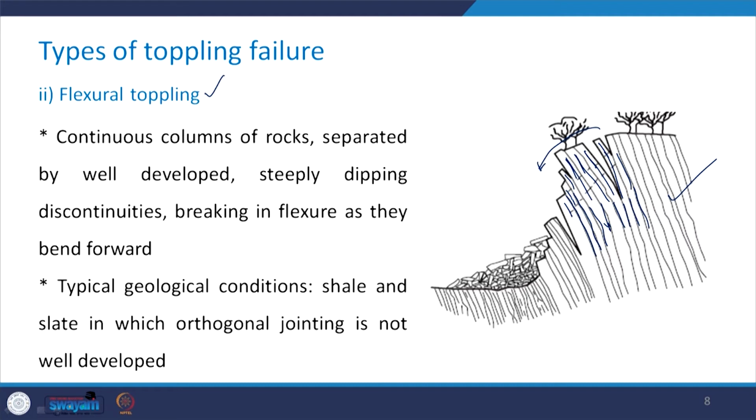So, you can see the difference between this figure and the figure which I showed you in the earlier slide: in this case the orthogonal joints which were present in the previous case are not there. So, no orthogonal joints in this case, and therefore, they break in flexure as they bend forward in this particular manner.